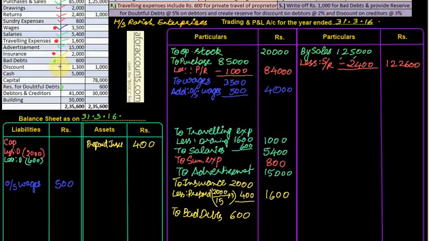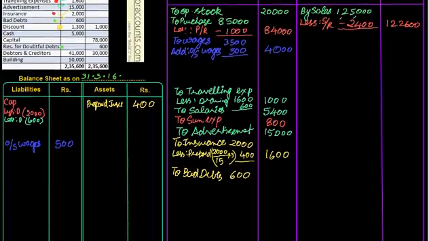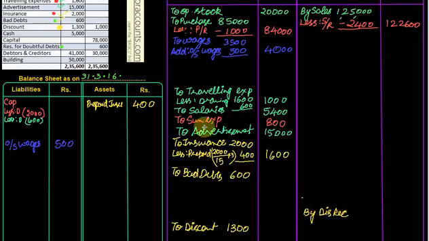So both discounts have adjustments. So write in your profit and loss account. See, discount given is always at the debit side. So to discount given is 1,300 and by discount received is in your credit side, that is 1,000. Okay, we'll do the adjustment regarding it.